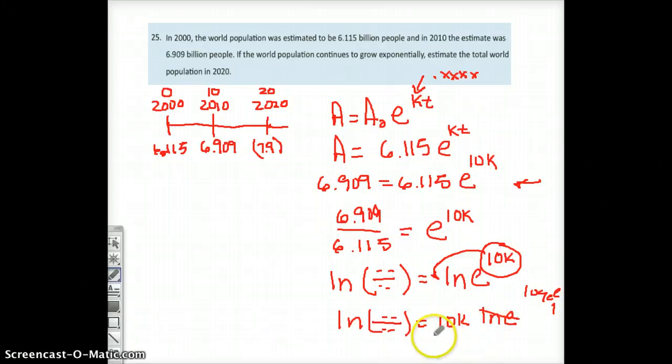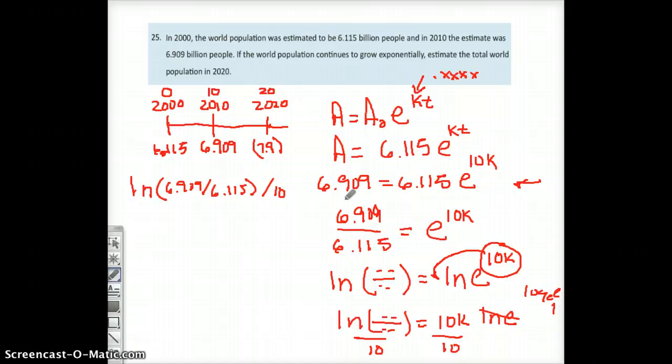And so then what we're going to do is divide both sides by 10, and we're going to find k. Now I'm going to put that in the calculator. I'm going to hit ln, open a parenthesis, and write 6.909 divided by 6.115. Then I'm going to close my parenthesis and hit divide by 10. Okay, now I'm going to do it with my calculator.